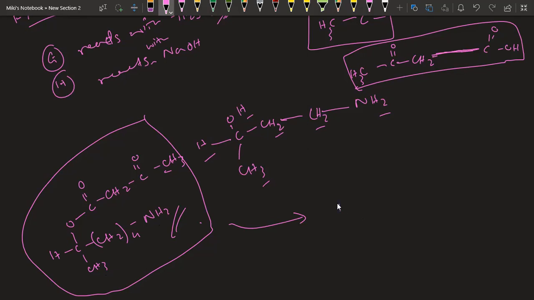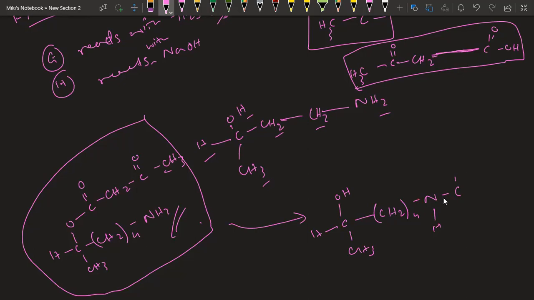Let's see. So if we have OH here, CH, CH3, we have, let's say, CH2, 4, and nitrogen, hydrogen, C. I guess that could be a case. This could be possible, because 11 plus 6 hydrogen.